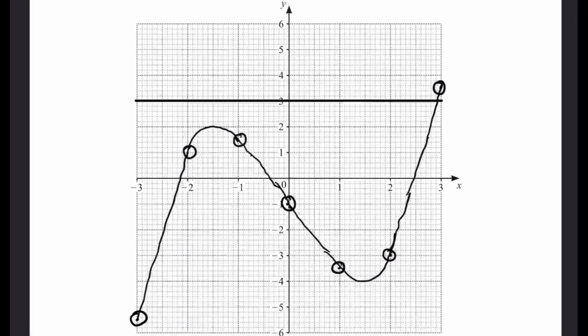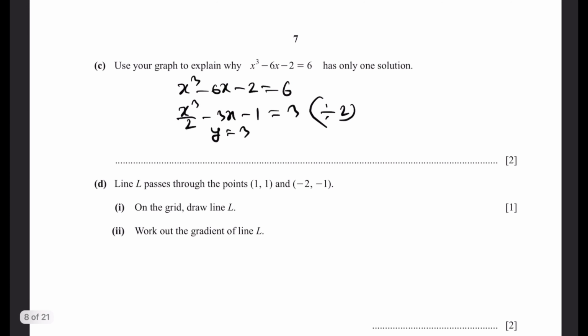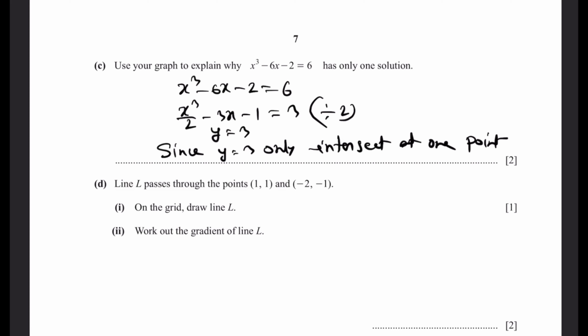Since the line and curve meet at this point, y equals 3 only intersects at one point, so it has only one solution.